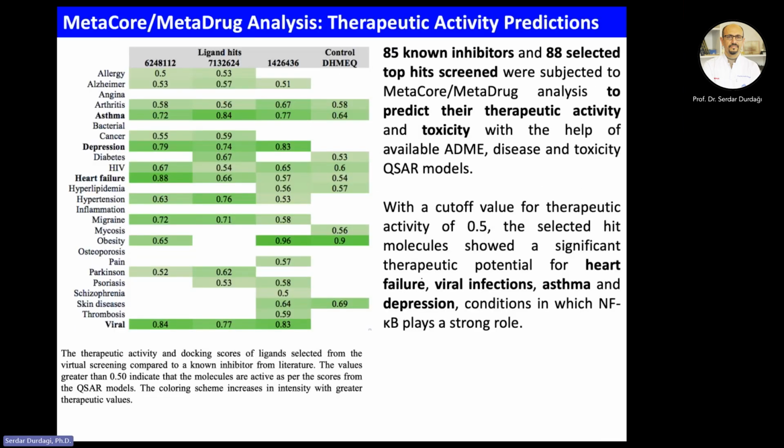Then we applied MetaCore MetaDrug. Here you can see for the selected molecules, we put them through MetaCore MetaDrug analysis and received the therapeutic activity predictions. You can see which diseases become available for these molecules. For example, they are potentially active for depression, heart failure, viral diseases, and so on.